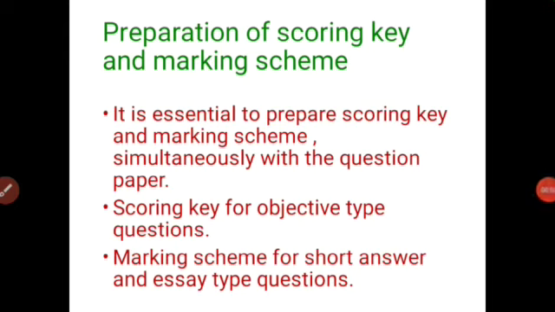Now comes the preparation of scoring key and marking scheme. It is essential to prepare scoring key and marking scheme simultaneously with the question paper. Scoring key is prepared for objective type questions.